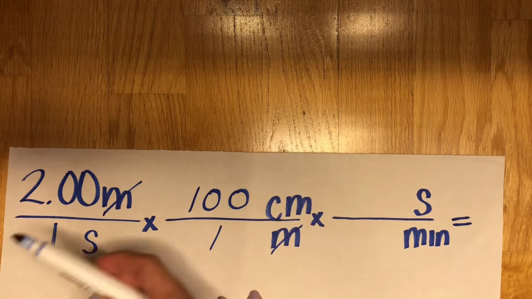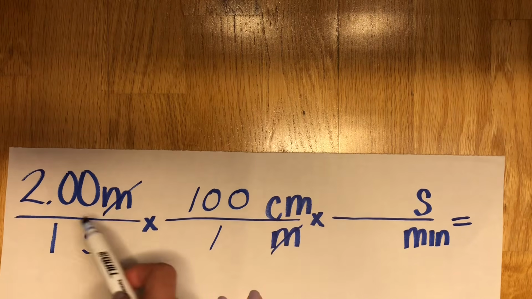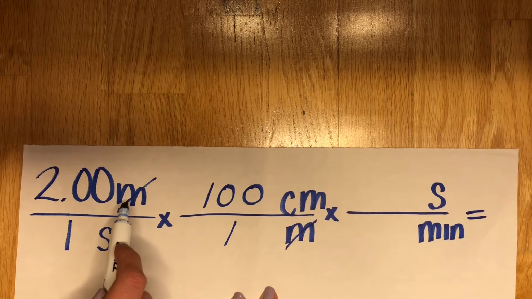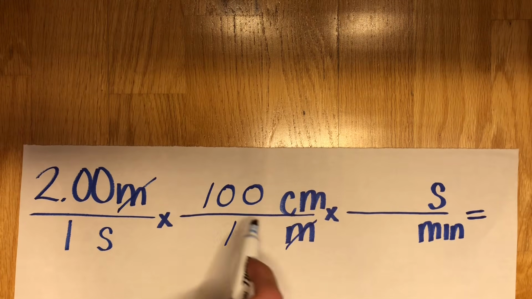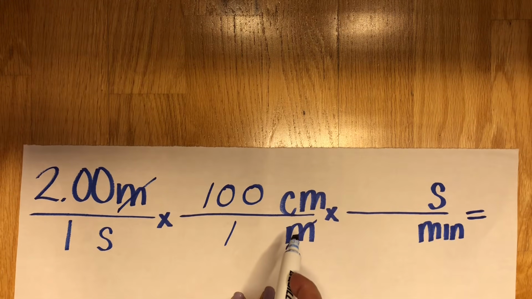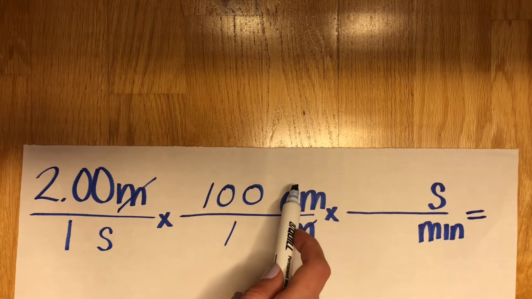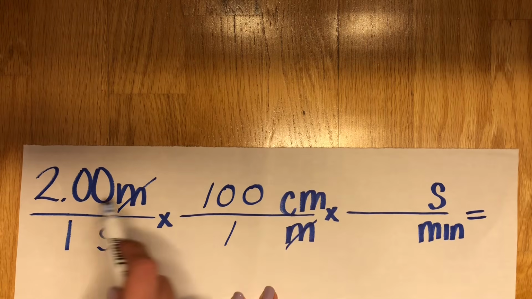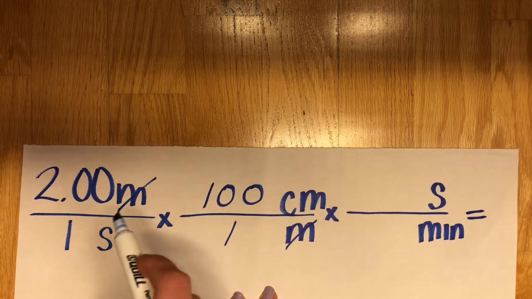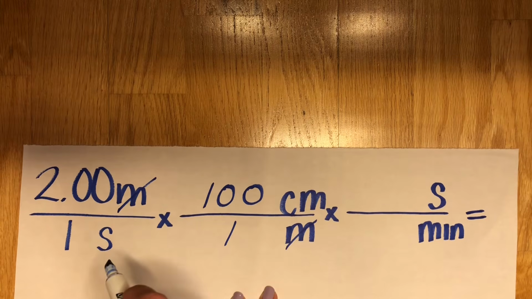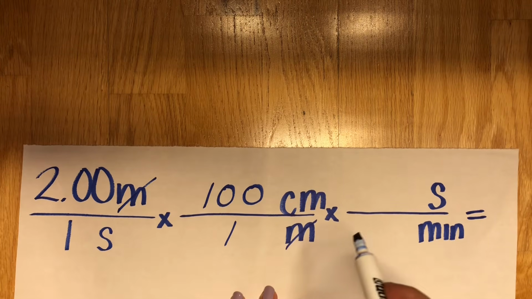So how did I know what to put on top and what to put on the bottom? First things first, I started with the meter, and I said I need to cancel that out, so I put that down here. And I knew that a meter can go to a centimeter, so I put that up here. So I handled the numerator first. Next, I'm now going to handle the denominator. In this instance, my unit s is in the bottom, and I need it to cancel out. So now it's up here at the top.